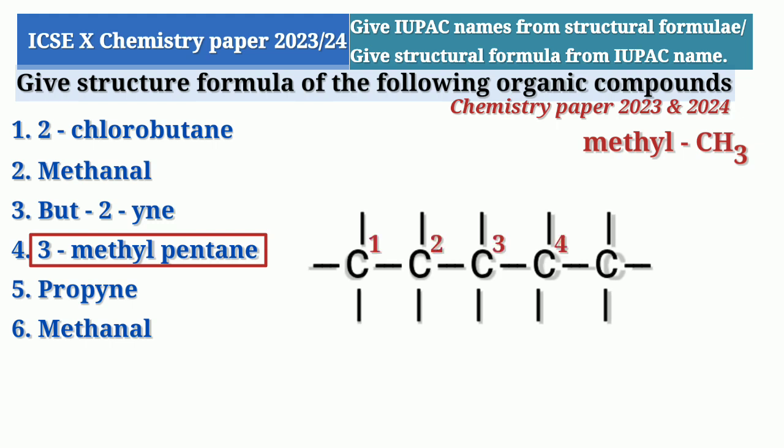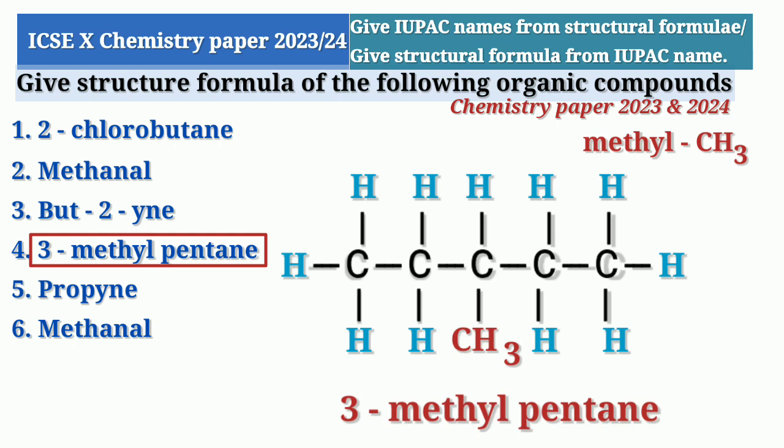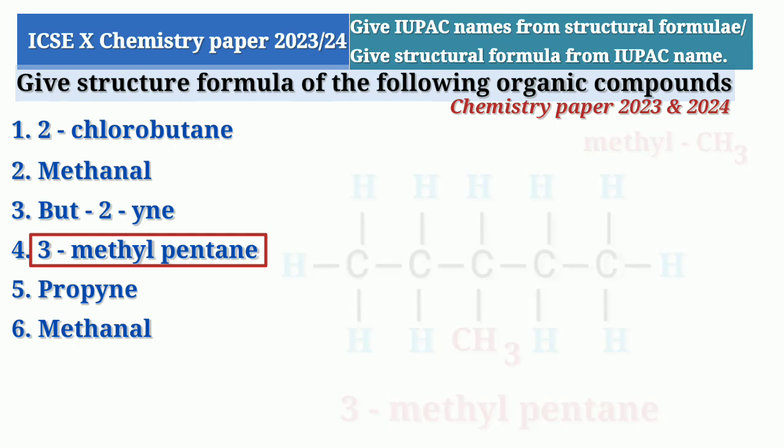Whether we count from left to right or from right to left, we get middle one as the third carbon atom, and this carbon atom forms 1 covalent bond with methyl group, that is CH3, and remaining covalent bonds will be completed with hydrogen atoms. So this is the structural formula of 3-methylpentane. Saturated hydrocarbon with 5 carbon atoms, methyl group attached to third carbon atom.